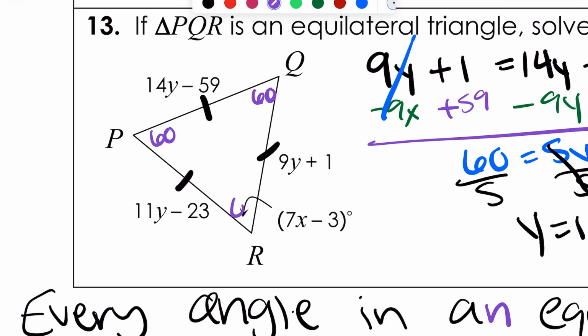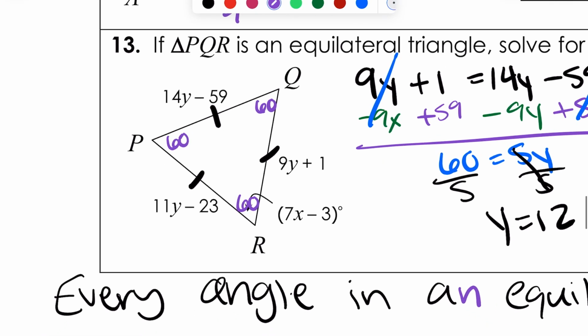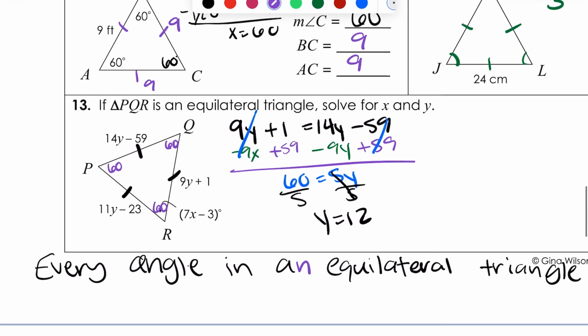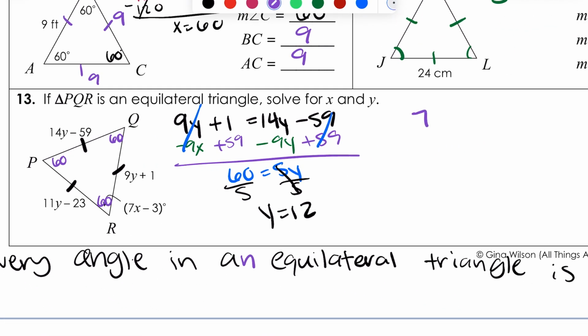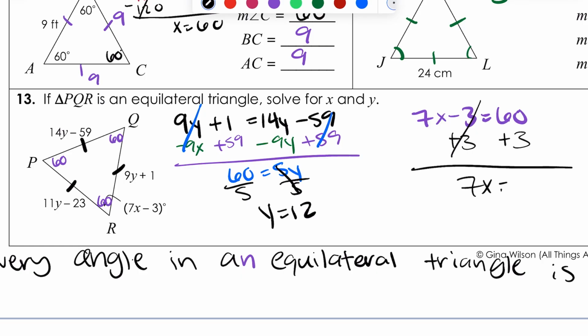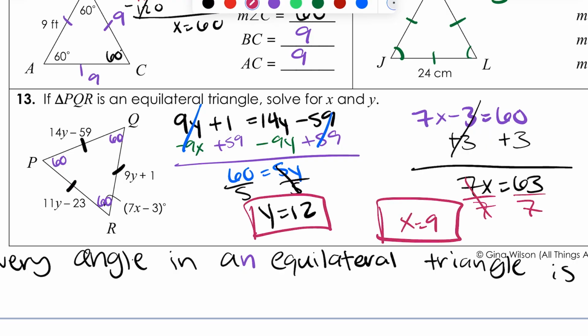And angle R is also 60. Well, angle R is also 7x minus 3, right? So what we get to do is 7x minus 3 is equal to 60. And then just solve for x. So we add 3 on both sides. 7x equals 63. Divide 63 by 7. And x equals 9. So y equals 12 and x equals 9, and that's it.